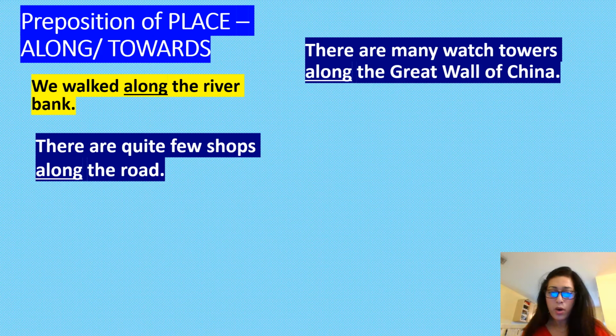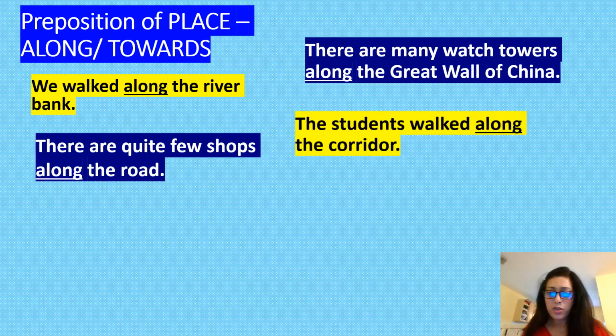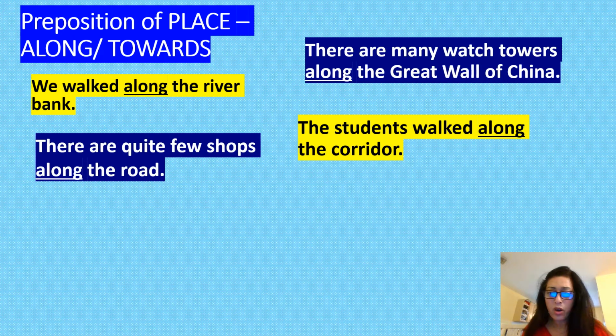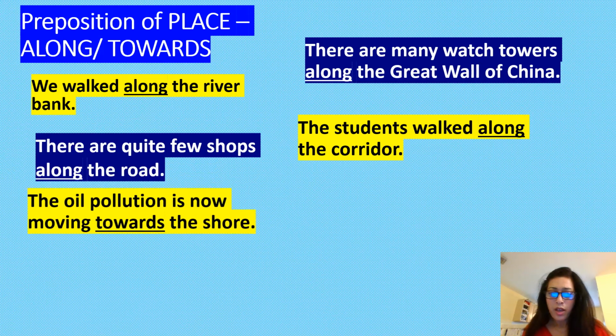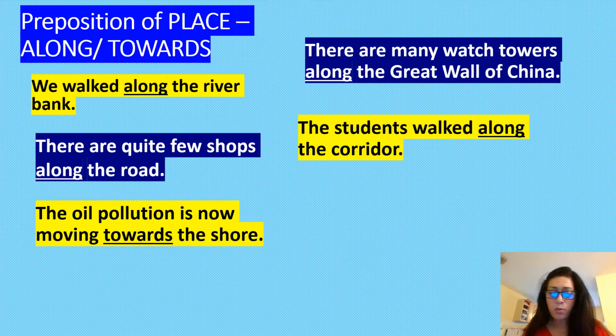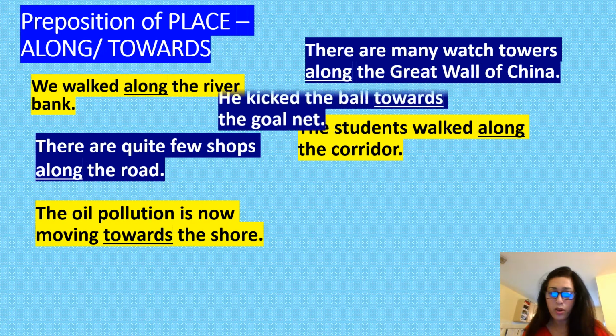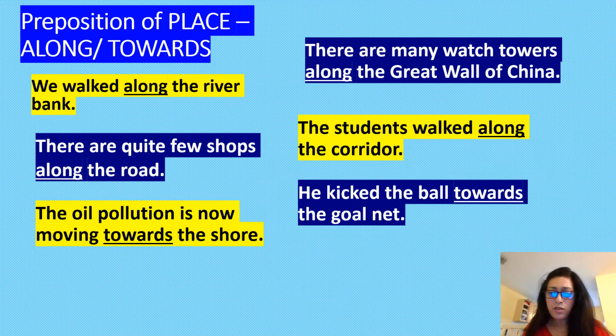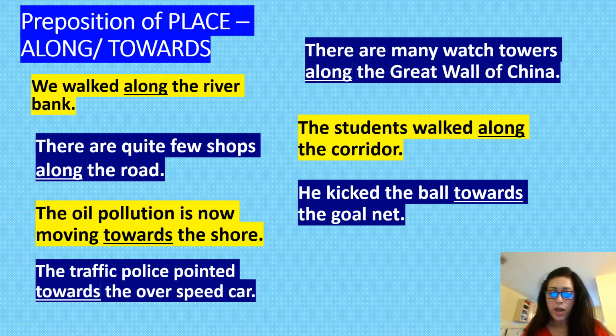There are quite a few shops along the road. The students walked along the corridor. The oil pollution is now moving towards the shore. He kicked the ball towards the goal net. The traffic police pointed towards the overspeeding car.